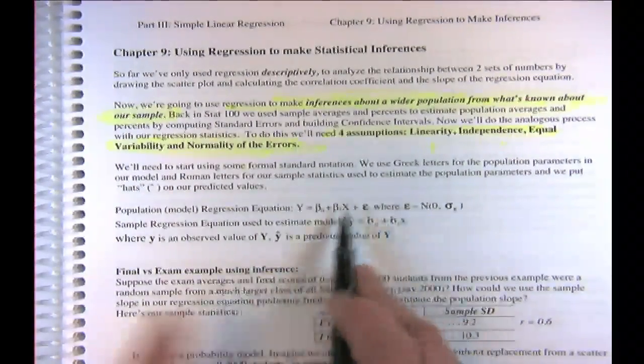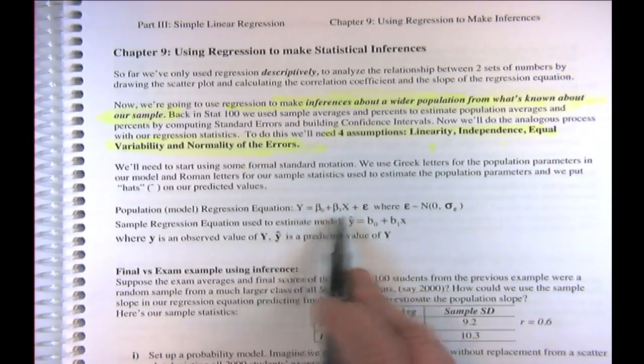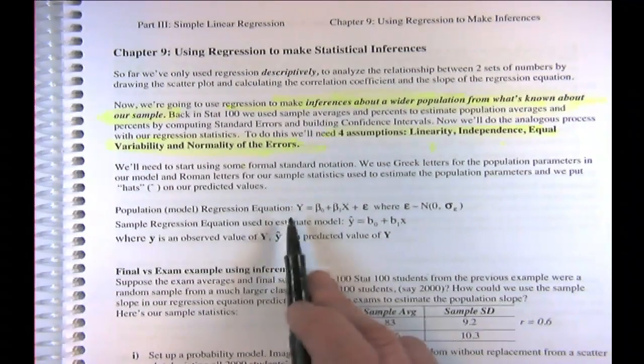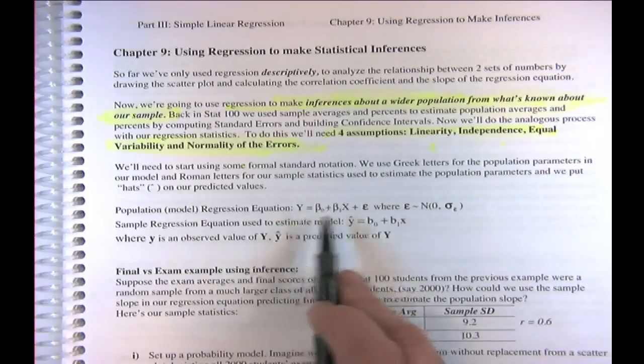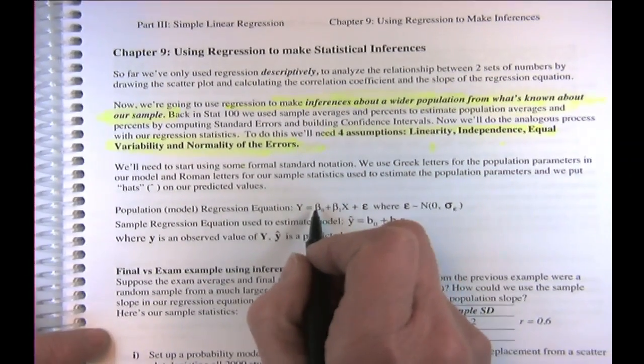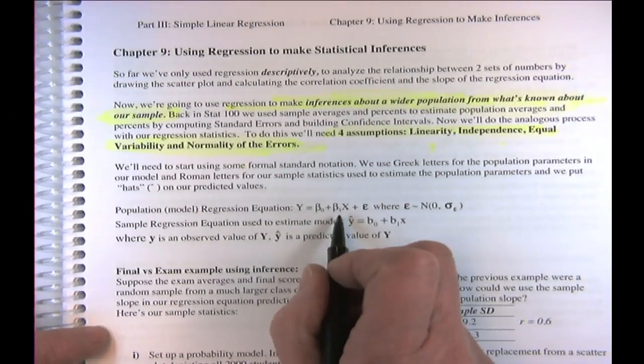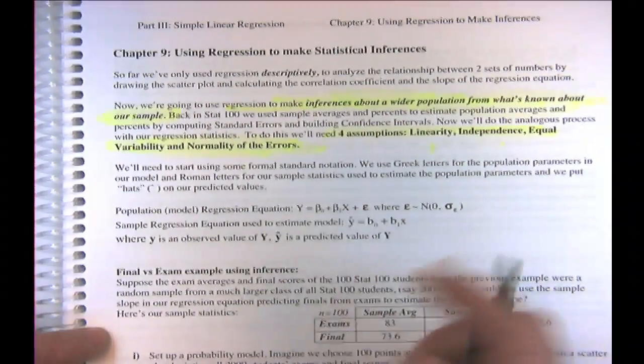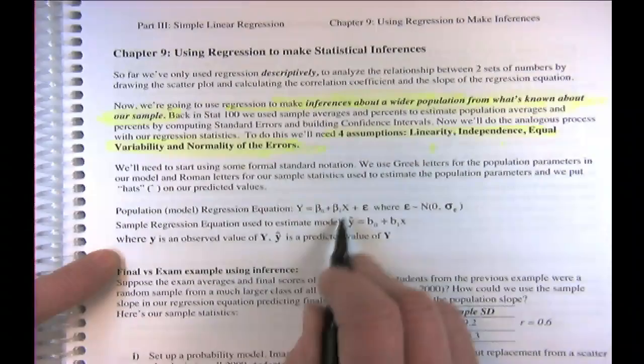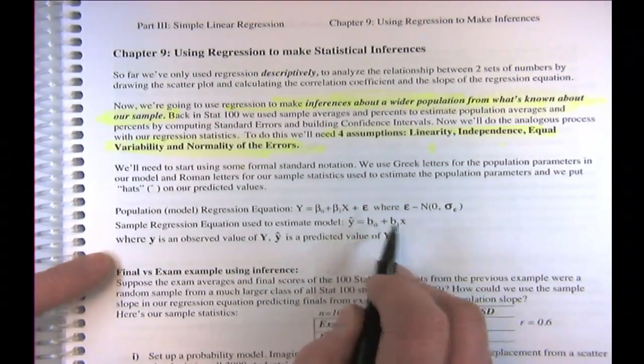We're going to start with a very simple linear model, just one x predicting one y. In this notation, these betas are what we're estimating. They're population parameters. Here's the regression equation that we've been looking at so far, from our sample.